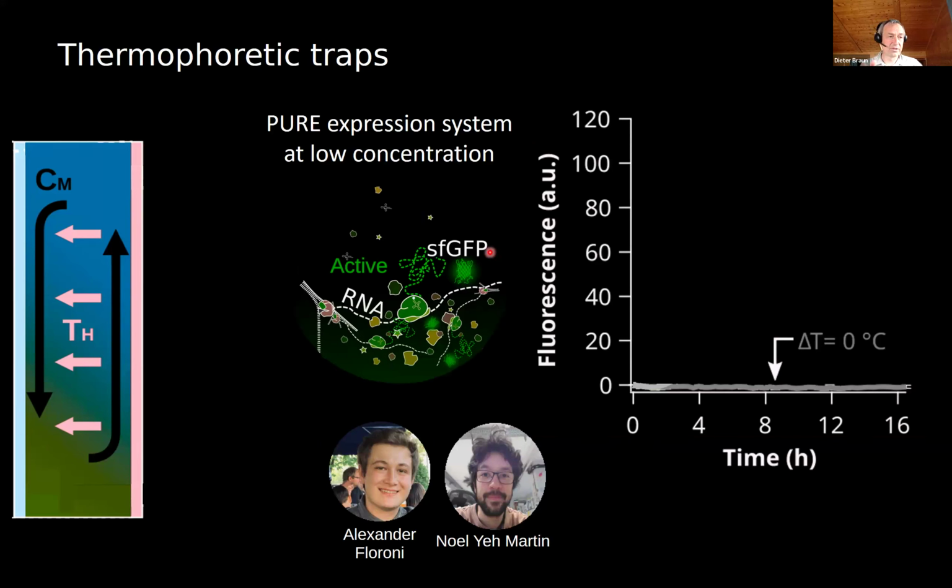So this is biochemistry for the experts. They know this PURE expression system. It is basically a mixture of proteins which is capable of copying from DNA to RNA, and making from that RNA protein. And once you make that, you choose a sequence which is fluorescent. So if you mix it together at too low concentration, nothing happens.